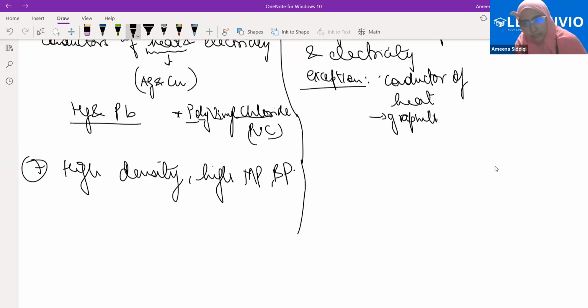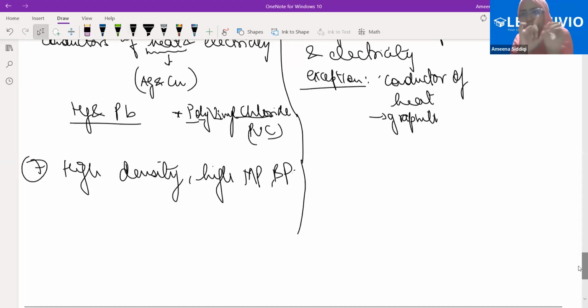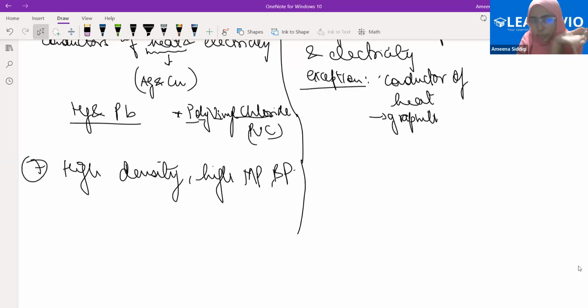See, beta, some points are very important. Based on the properties that we have discussed, can you tell me the boiling and melting point of mercury, will it be low or high? I think low, ma'am. Very good, because it is not a solid state. Will mercury be liquid at room temperature or at all temperatures?